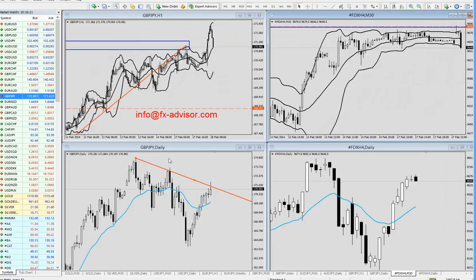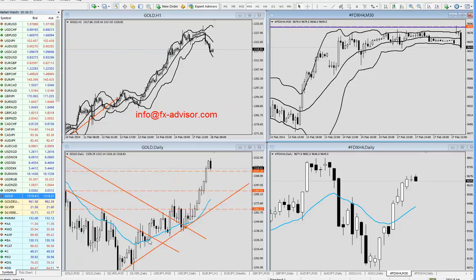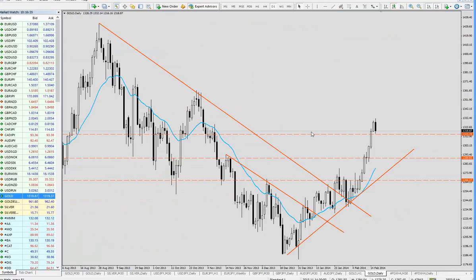Let's go to check gold. Okay, as you remember, when everyone was selling gold, we were talking about the long possibilities.